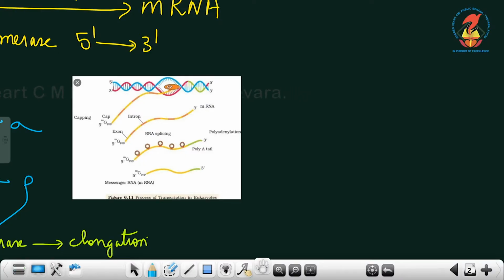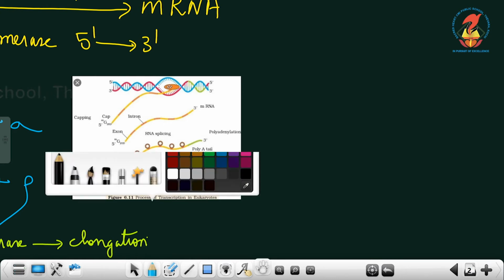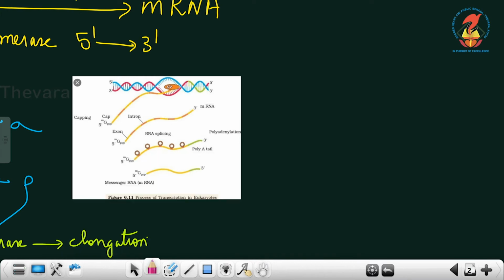In the video we saw eukaryotes. In eukaryotes, the mRNA that is synthesized is not final. See, this mRNA that came out is not final. It has to undergo some processing. The processing has 3 steps.